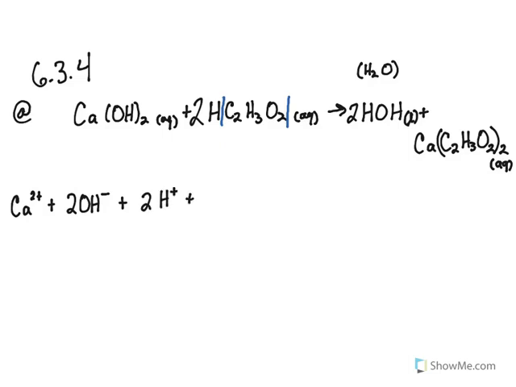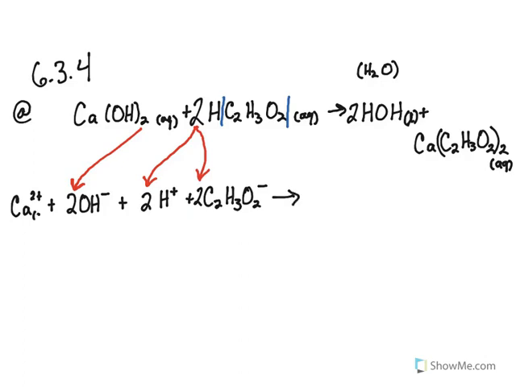So anything I have as a coefficient is going to stay as a coefficient, but any subscript I have is also going to become a coefficient. So you'll see the 2 on OH2 became a coefficient of 2, so I have 2 OH minuses, and the 2 in front of the acetic acid also became a 2 on the H plus and the acetate ion.